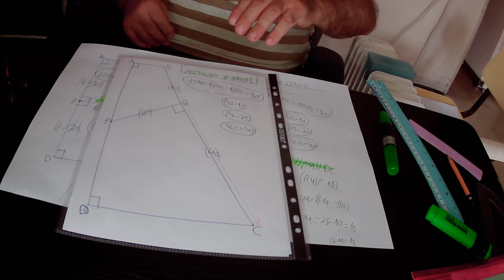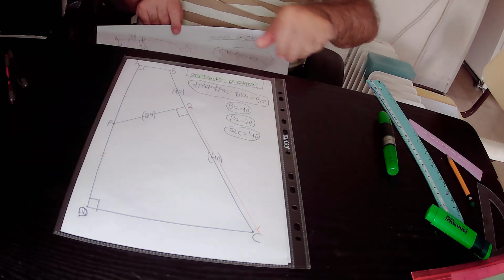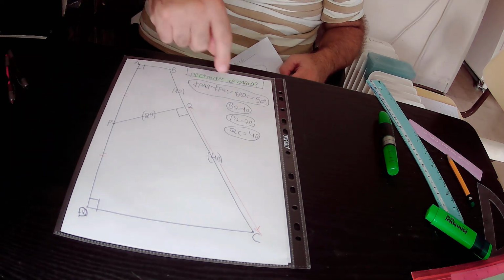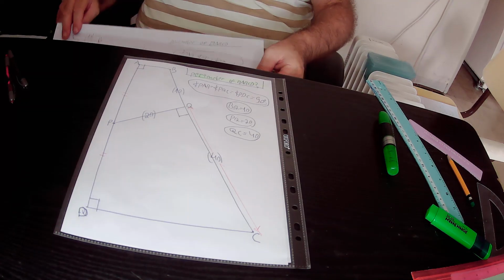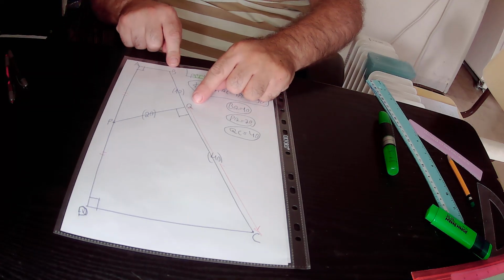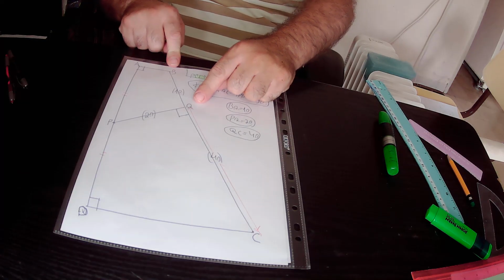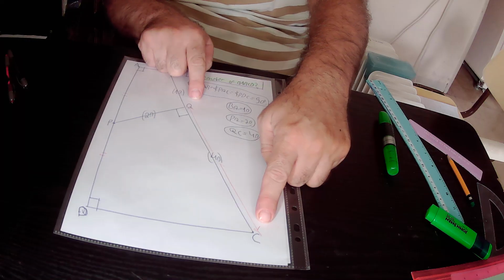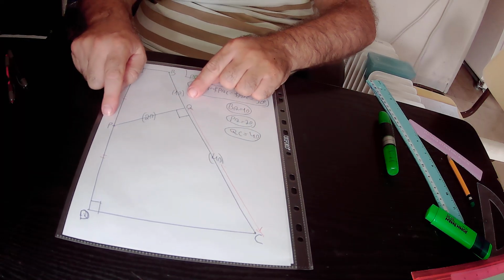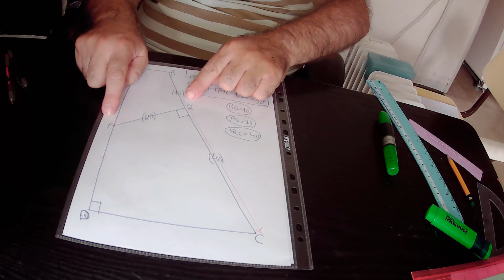Our task in the first question is to find the area of this quadrangle ABCD. It is given in the question that this line segment BQ is equal to 10 units in length. This line segment QC is equal to 40 units in length. This line segment QP is equal to 20 units in length.